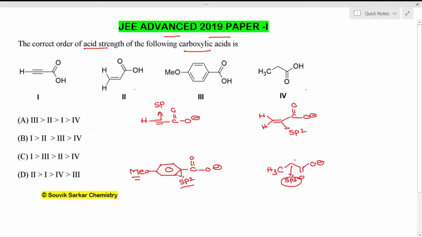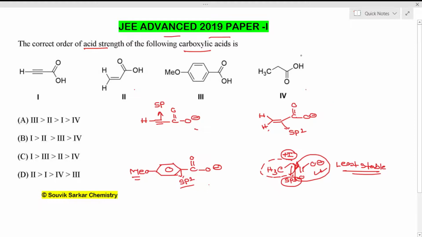This is our alkyl group, and every alkyl group has a plus I effect. Plus I effect means this alkyl group pushes electron density towards the carboxyl group. As a result, the electron density increases at this position, so the stability decreases. So this conjugate base is the least stable among all the conjugate bases.